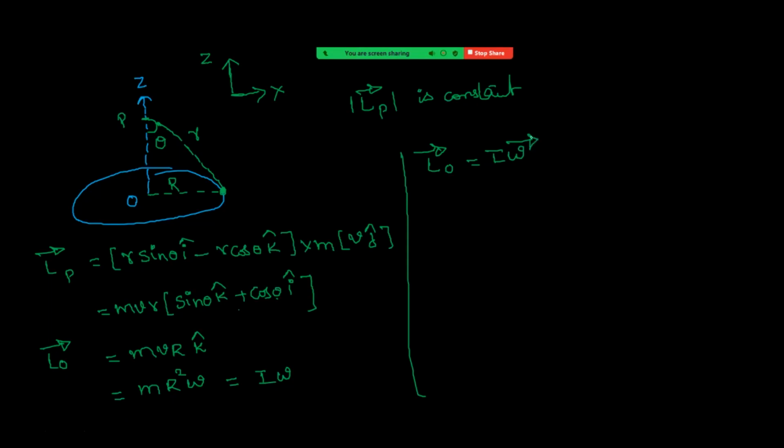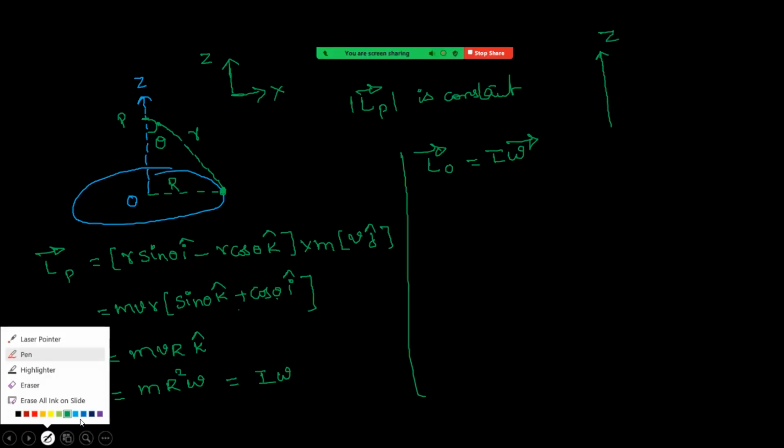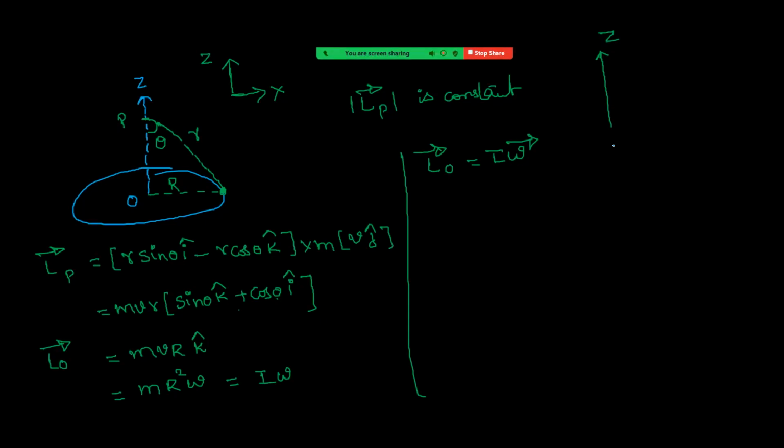Okay. Direction also matches. But if you are taking any other point, then what happens is, I am showing here, it has two components. One is along the axis of rotation.